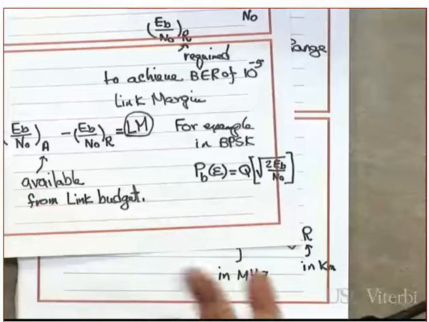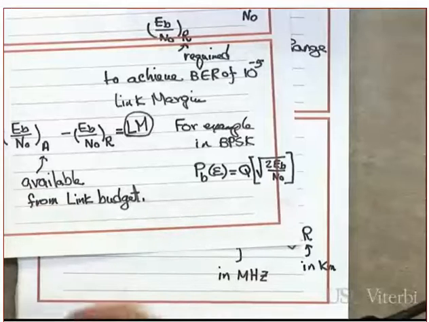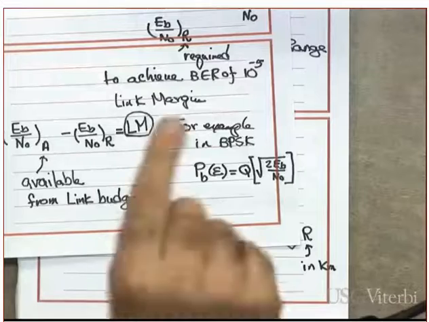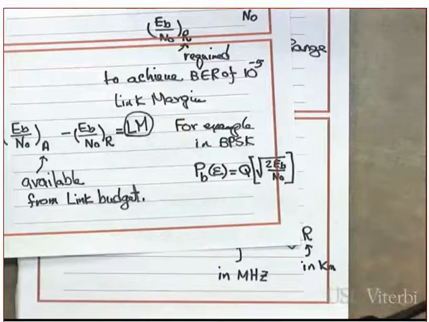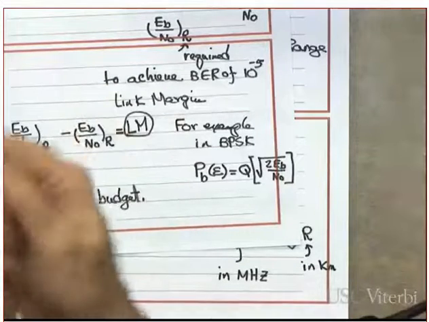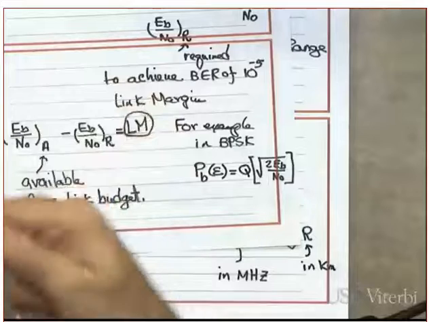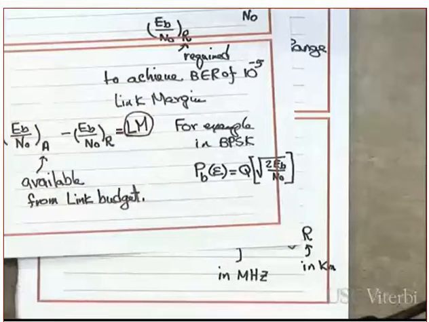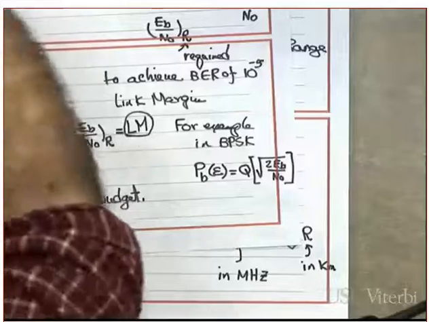We don't need to know the bandwidth. Are you following me or not? Because we are calculating what? We need to know the bit rate to calculate Eb, yes or no? But we don't need the bandwidth because I don't need to find the noise power. I need to find the noise power spectral density. Yes or no? And what does that mean?